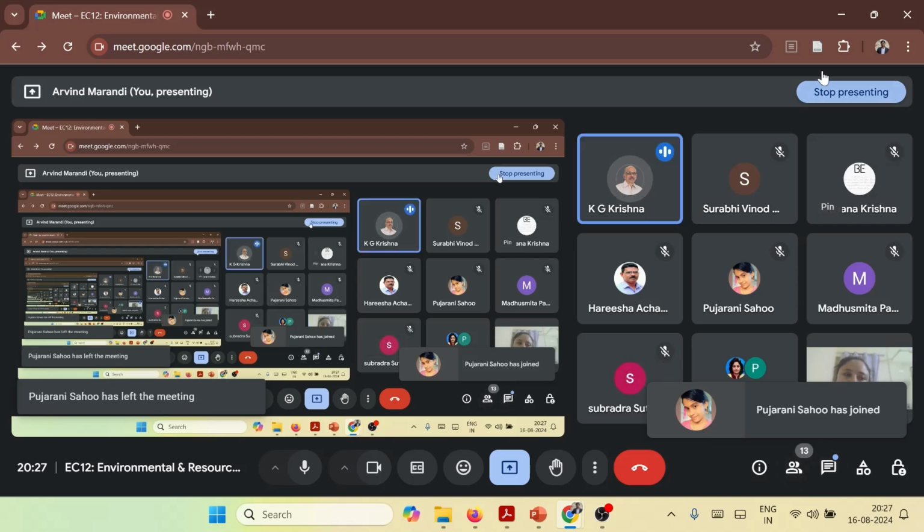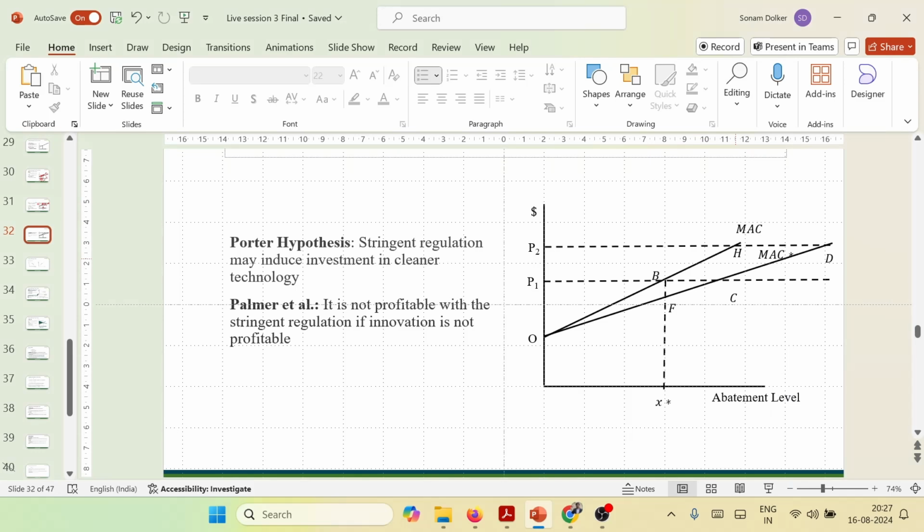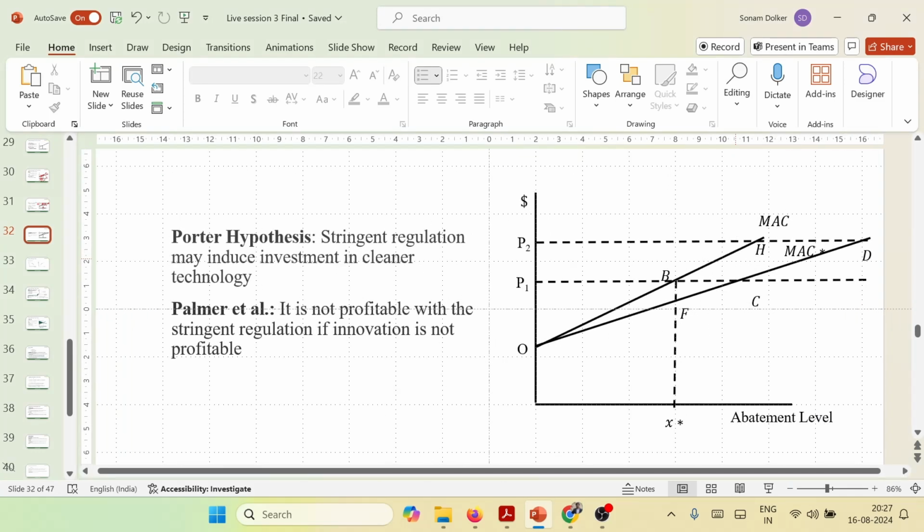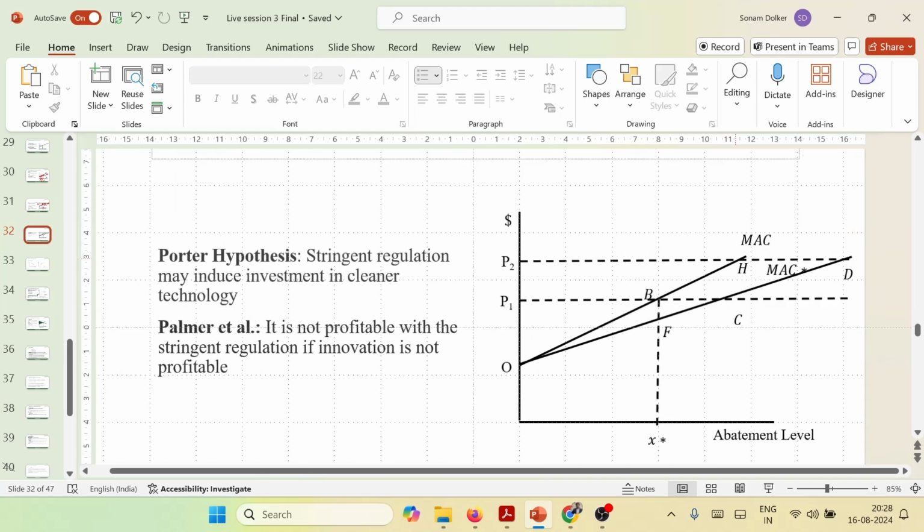Madam, basically I understand Palmer's hypothesis contradicting Porter's hypothesis. To put it in layman's language, what it means to me is that if you are not efficiency conscious and innovative, even with or without regulations, you will not be innovative even after implementing regulations.